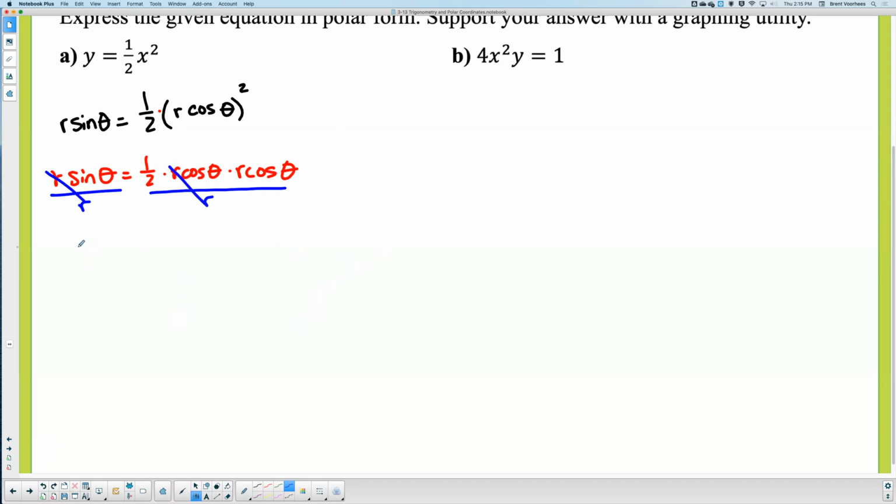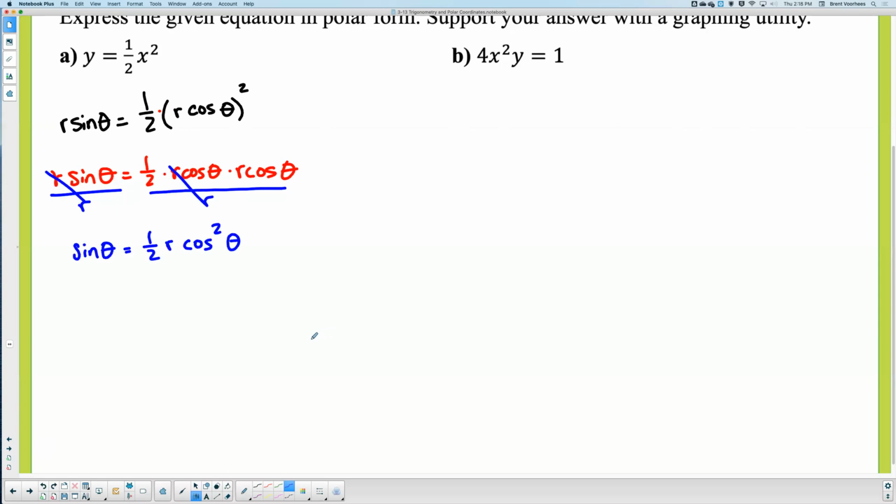So what am I left with? I'm left with sine theta equals 1/2. What's a cosine times a cosine? Yeah, that's right. And it's not the angle that's squared, it's the cosine that's squared. So you put the square on the word cos, not on the theta.